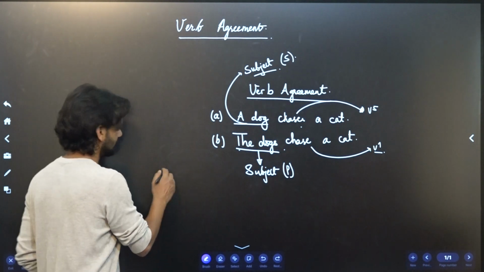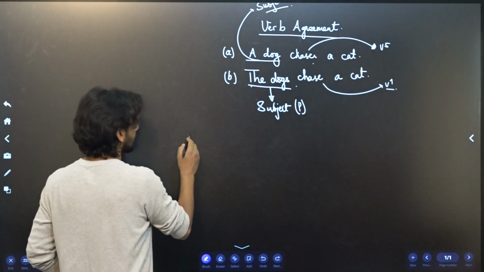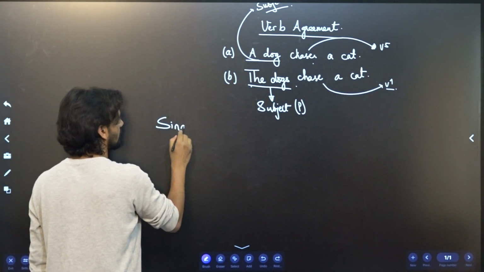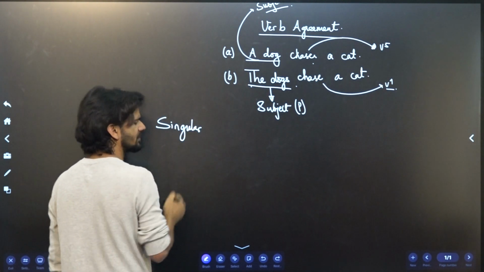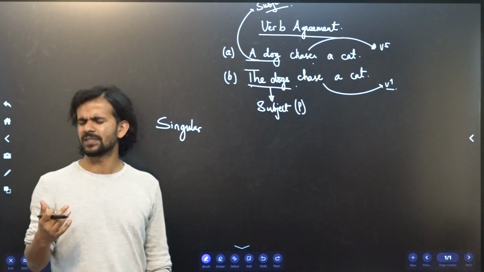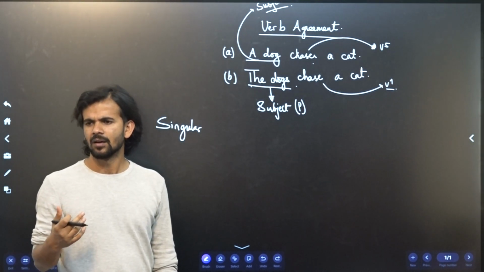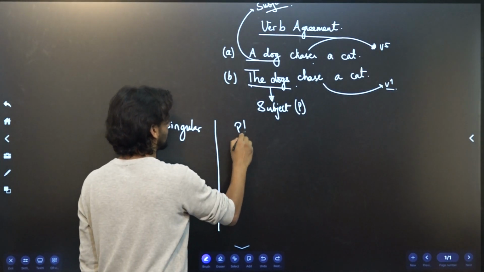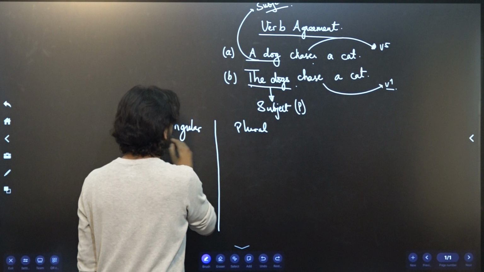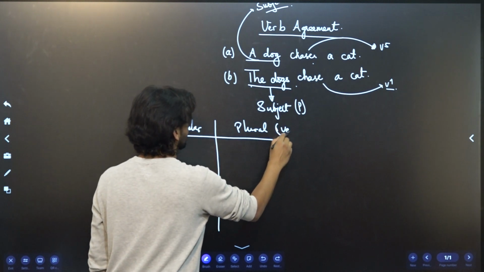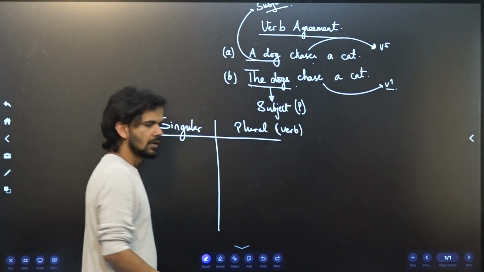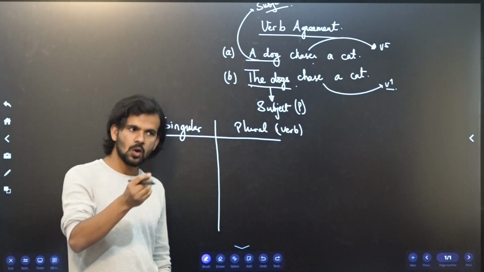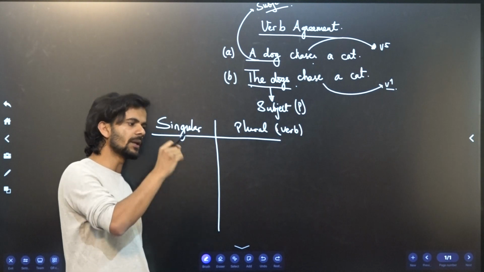There is a small tricky thing: singular verb, plural verb. Does it make sense to say a verb is singular? Yes, but still it is used in a singular manner. A singular verb is the verb that goes with the singular noun.